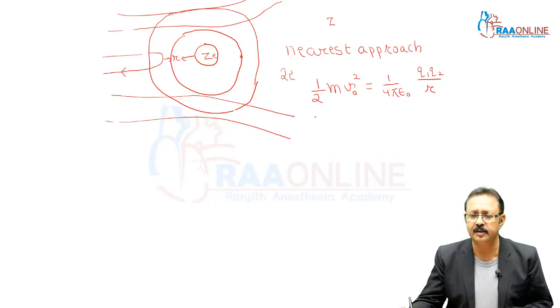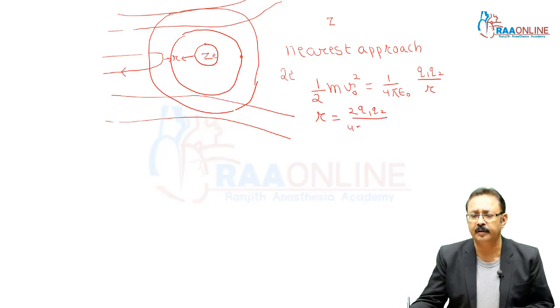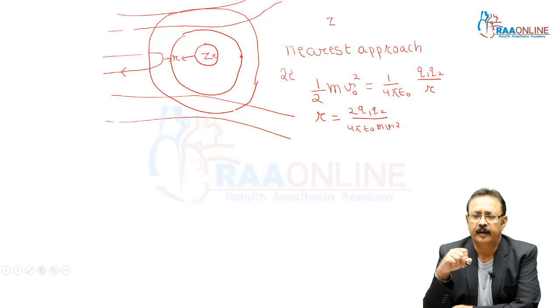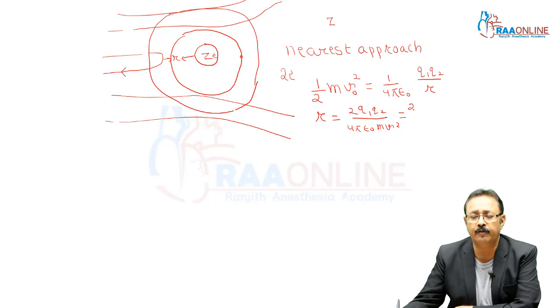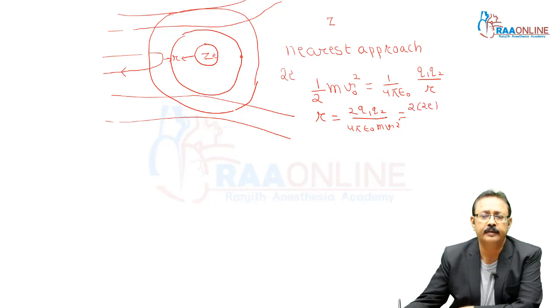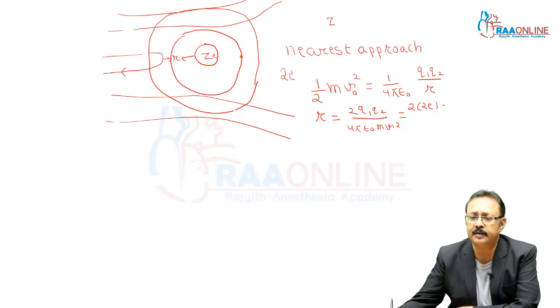So what was it? It was 2 Q1 Q2 by 4 pi epsilon naught m v square. And what is Q1 Q2? We know that the alpha particle you sent is 2e, and that nucleus has charge Ze.